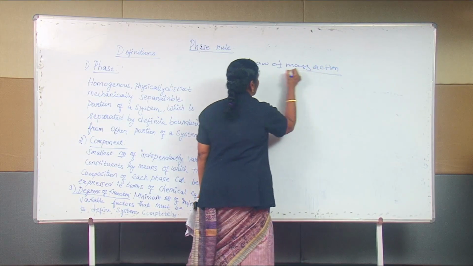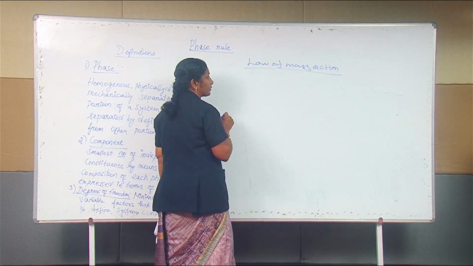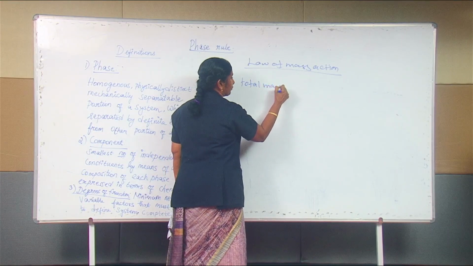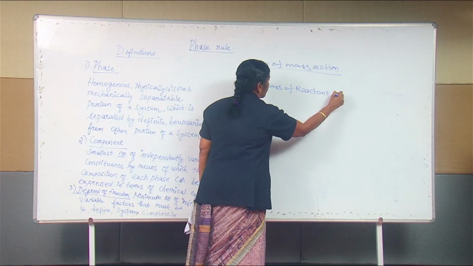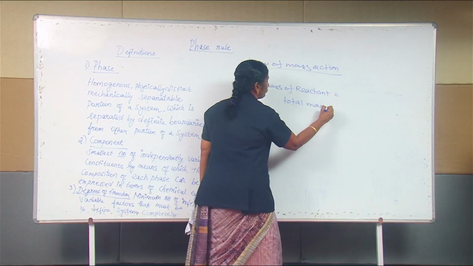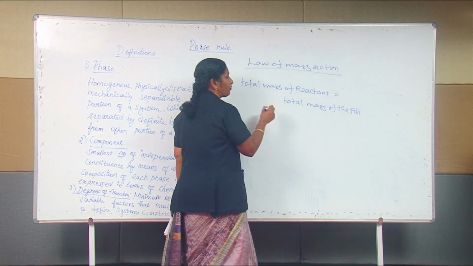The law of mass action is applicable only for homogeneous reversible reactions. What does the law of mass action mean? The total mass of the reactants is equal to the total mass of the products. This is called the law of mass action.